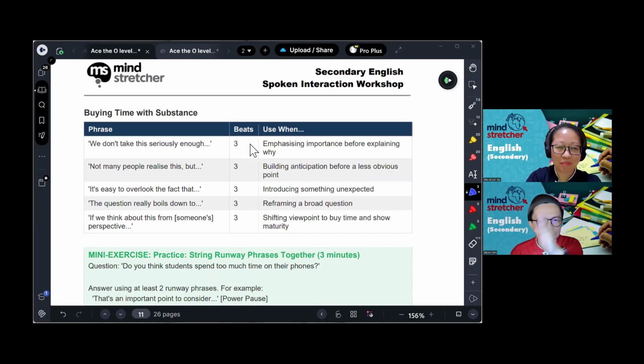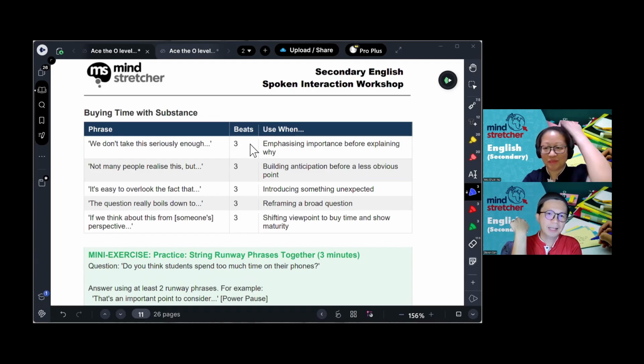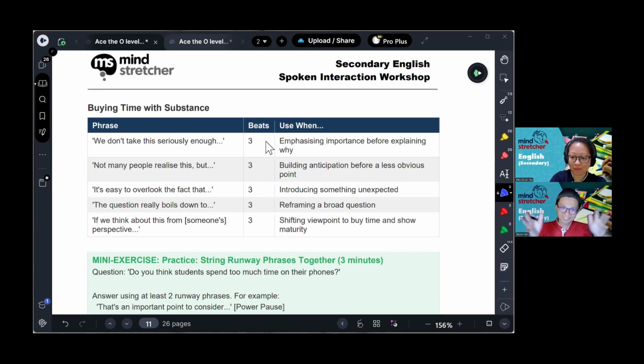We don't take this seriously enough. This is a very serious issue. Not many people realize this, but the question really boils down to this. If we think about this from the senior citizen's point of view, we would realize that they really appreciate all the efforts that the government has put in to build ramps, to have buses where there are mobile ramps that can be deployed and where there's a special space for PMDs to go on board.